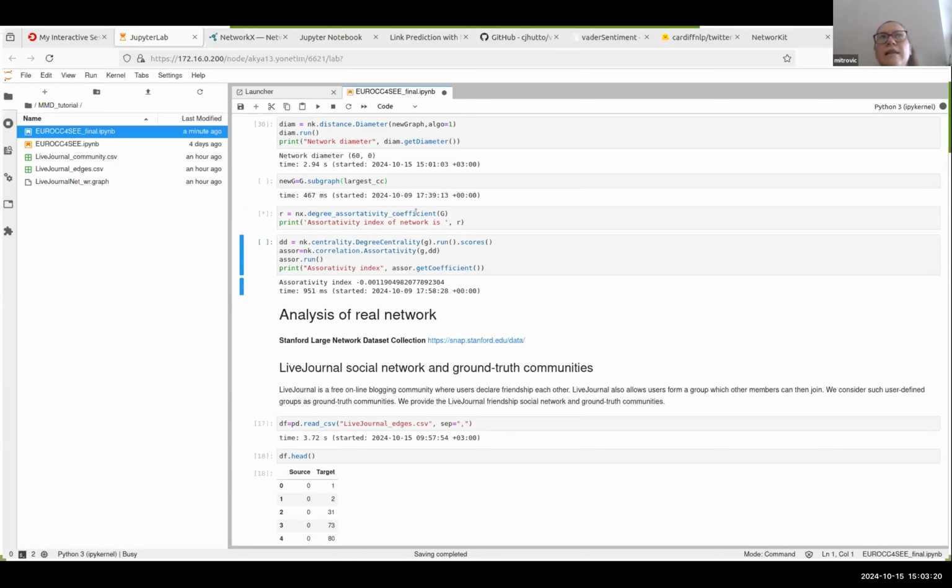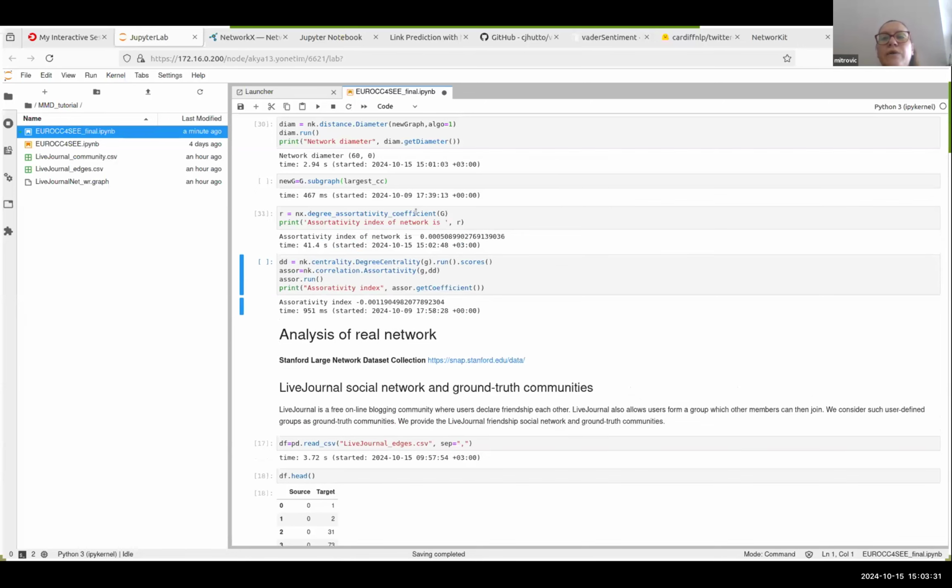So usually we say that popular people tend to be connected with popular people. Less popular people have a tendency to be connected with less popular people. Unlike, for instance, biological networks, where this is the opposite. In biological networks, nodes of high degree tend to be connected with nodes of low degree.